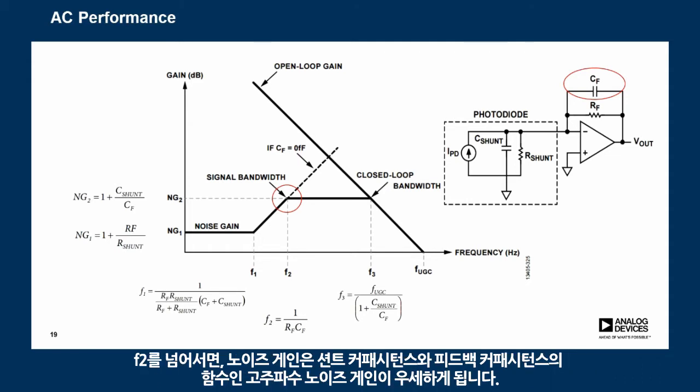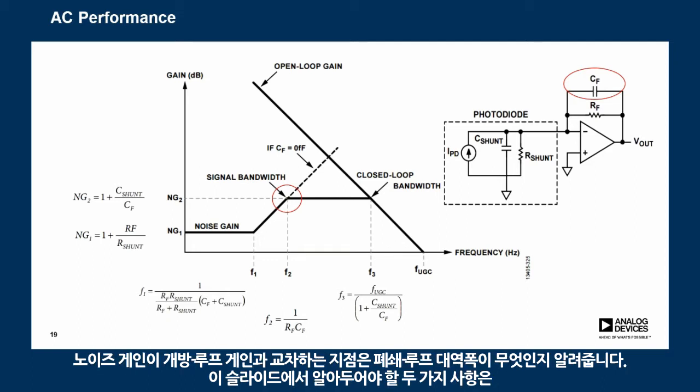And beyond F2, the noise gain is then dominated by the high frequency noise gain, which is a function of the shunt capacitance and the feedback capacitance.